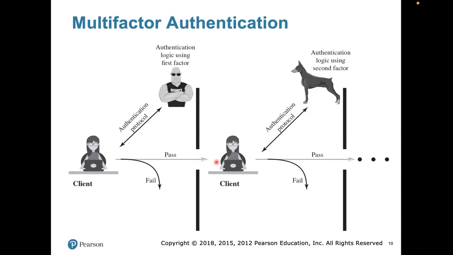Again, if the second one passes, the user will eventually be allowed to use that resource. If either fails, the authentication has failed, and the user will not have the chance to use that resource that he or she is supposed to be using. It means that we are not trusting this claimant.